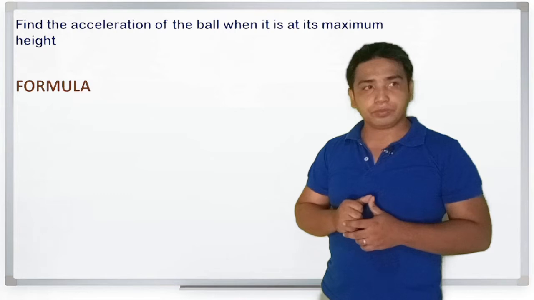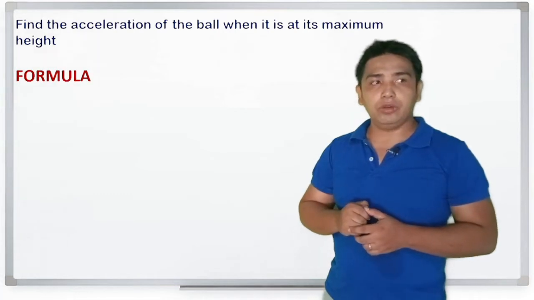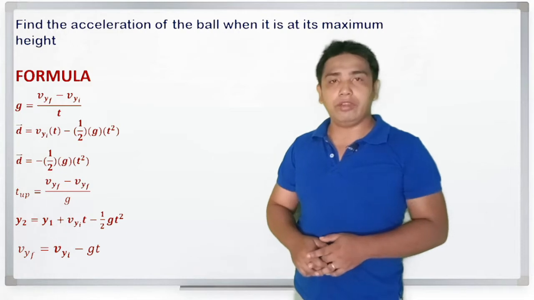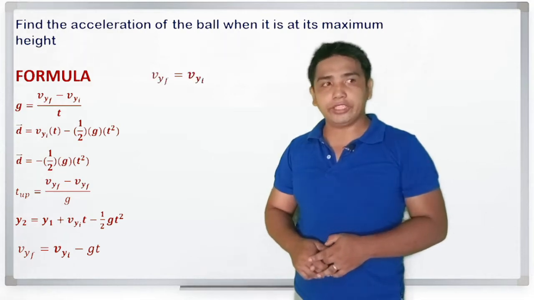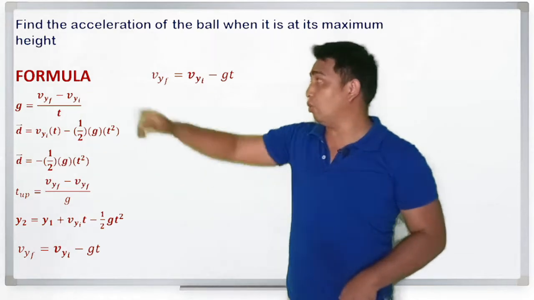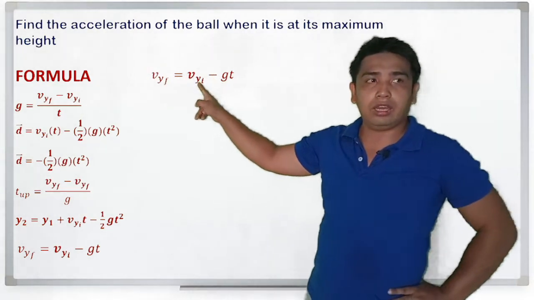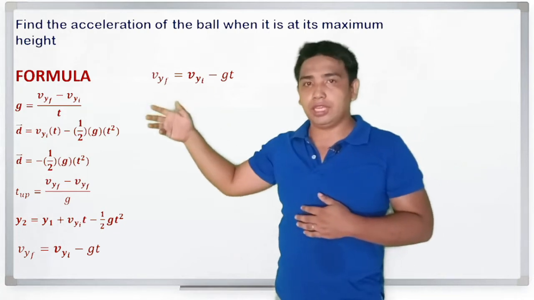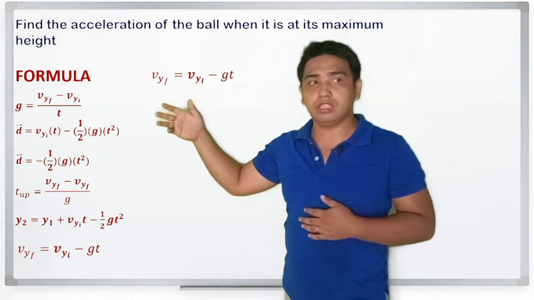Alright, so you will see that we can use this formula: VYF, or the final velocity, is equivalent to VYI minus GT. So we write it right here, and we all know that the velocity of the ball when the ball is at its maximum height is 0 meters per second.